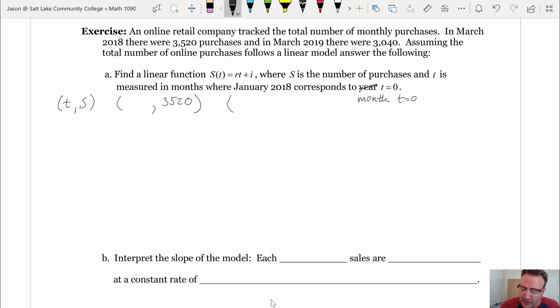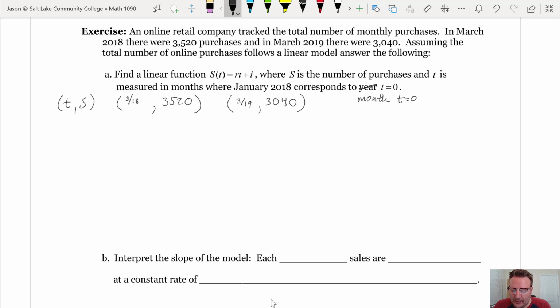And then the second pairing relates March 2019. So for right now, I'll just write 3/18. And here I'll write 3/19. That gets related to the number 3,040. There were 3,040 online purchases in March of 2019.